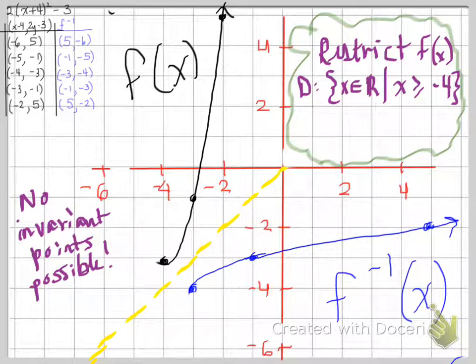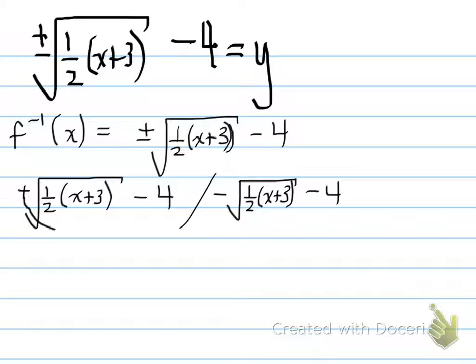The root function. Let's look back at the inverse equation. Remember, the inverse equation looks like there's a positive and there was a negative root. Remember, it was 2 parts. One part was the positive root, one part was a negative root.